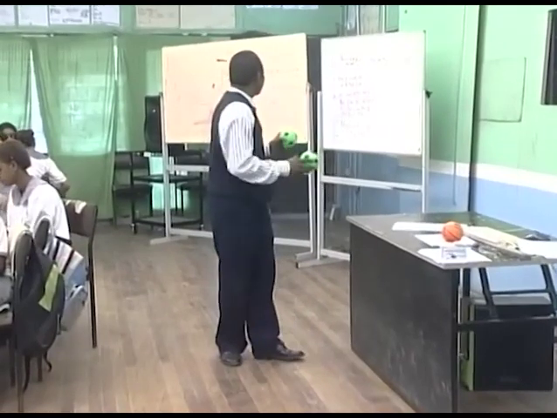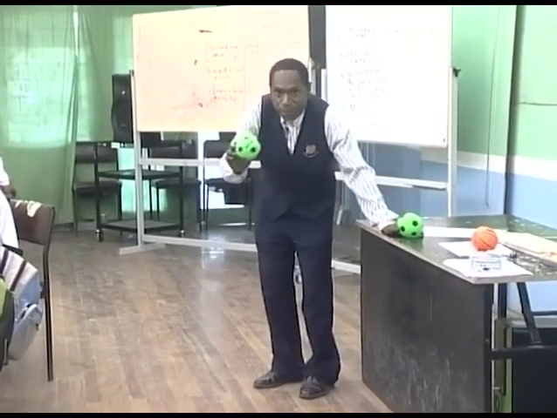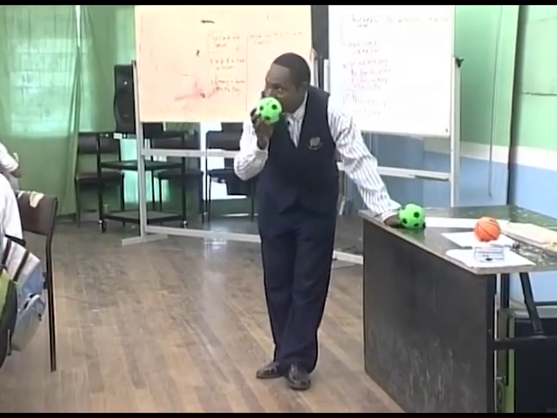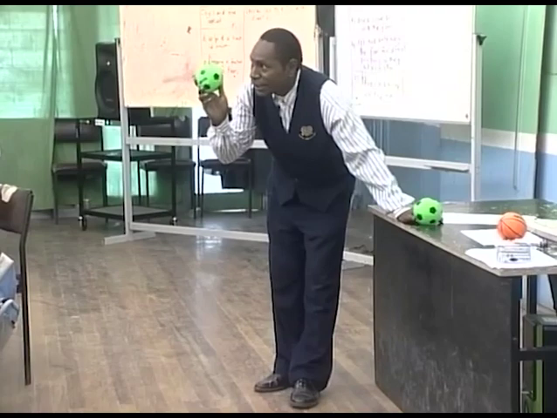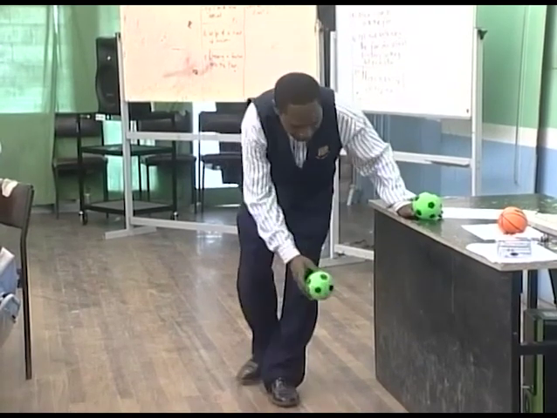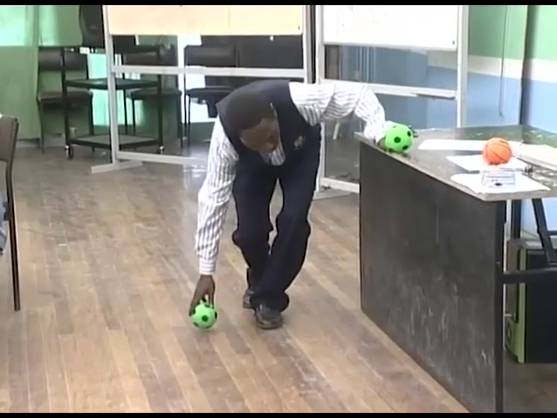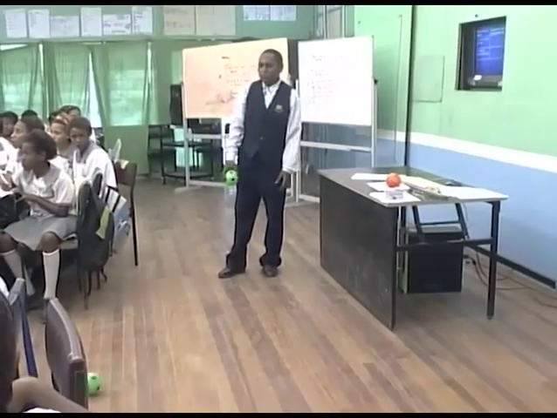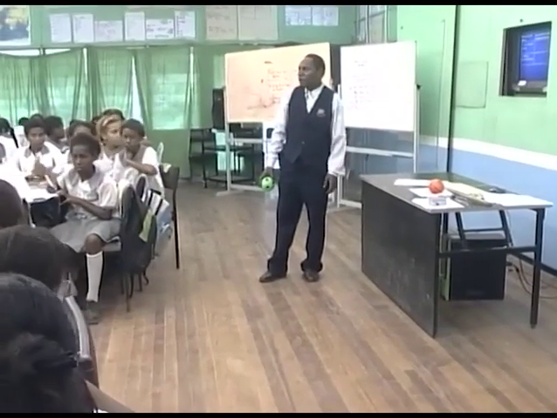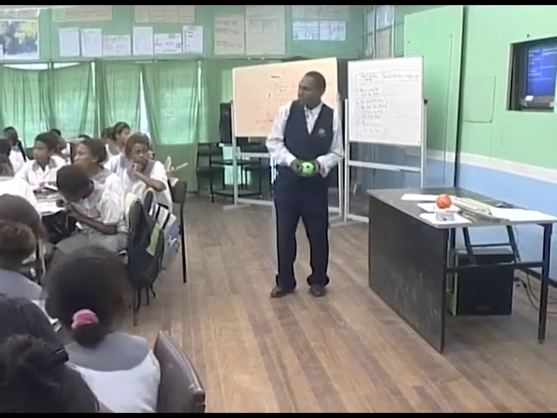Right, let's see the object and the force applied. Now this is the object, or let's see where the object is. You all ready? Right, watch this. See that? Want to see that again? Okay, watch very carefully.